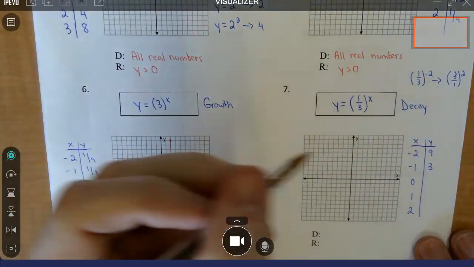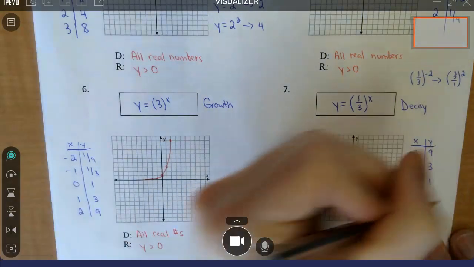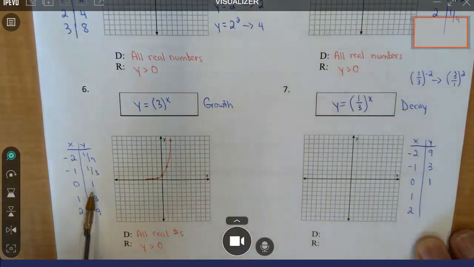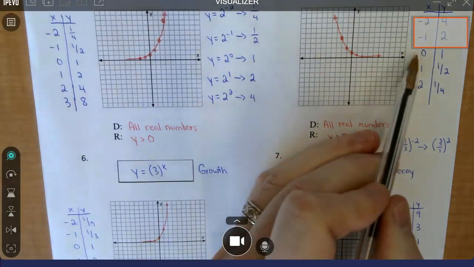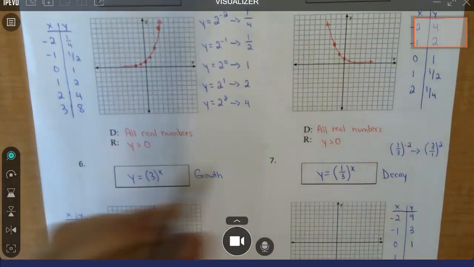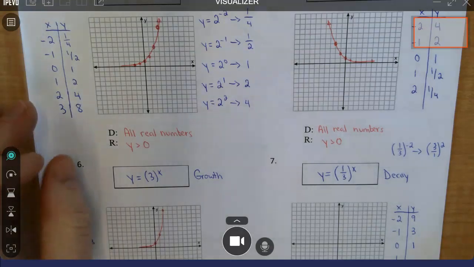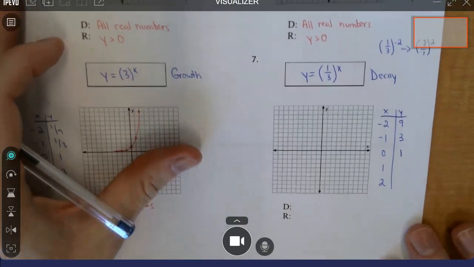The only one that doesn't change is the y-intercept. Notice how the y-intercept is 0, 1. This y-intercept was at 0, 1. This y-intercept was at 0, 1. And this one was also at 0, 1. Do you think you know why that might happen? Well, the reason that happens is because the y-intercept is based on the a value.